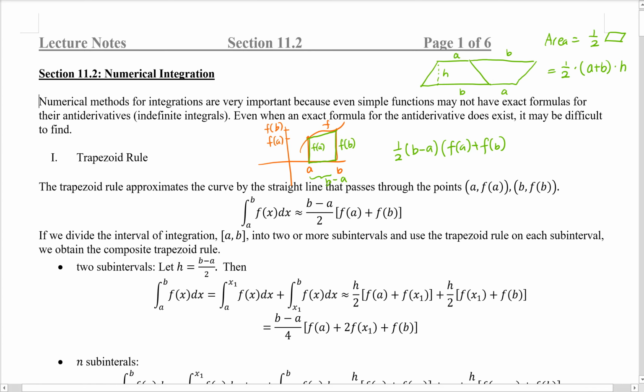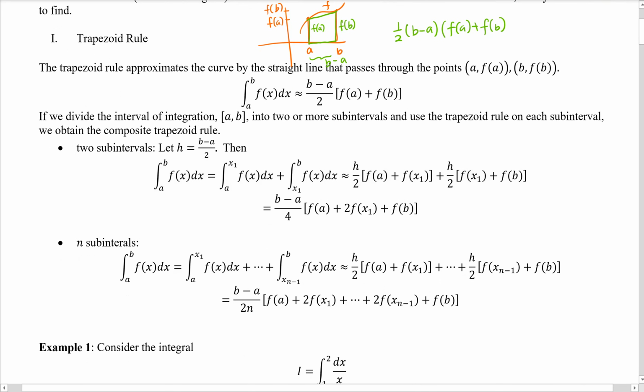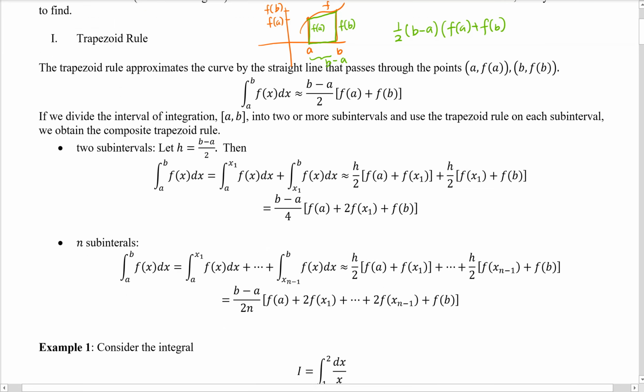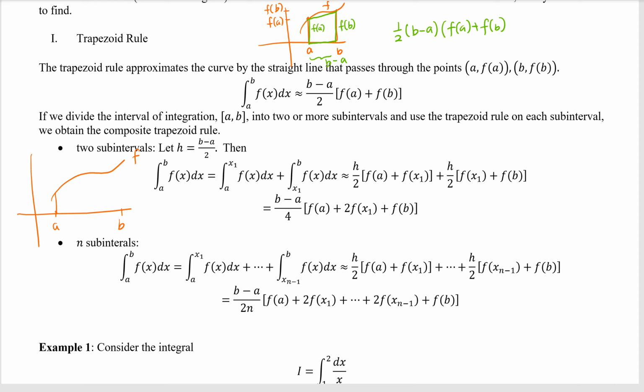Let me draw a picture again here. Let me first use orange. This is a, this is b, this is f.